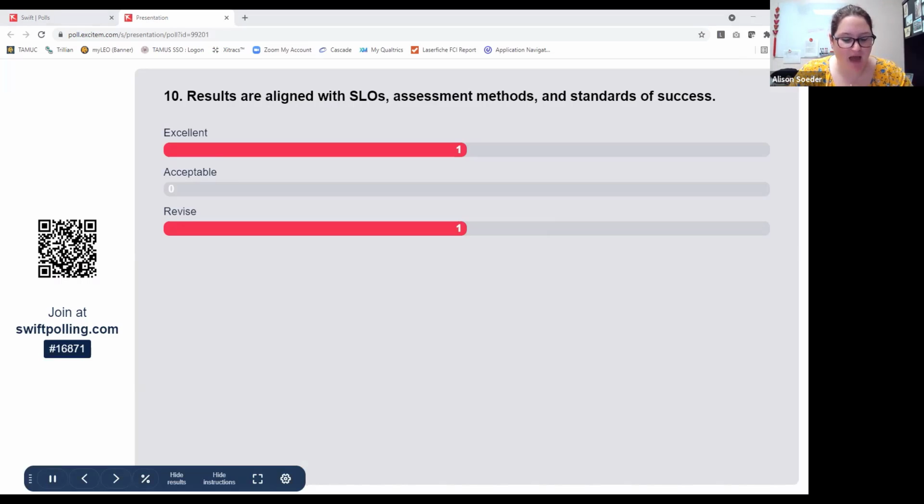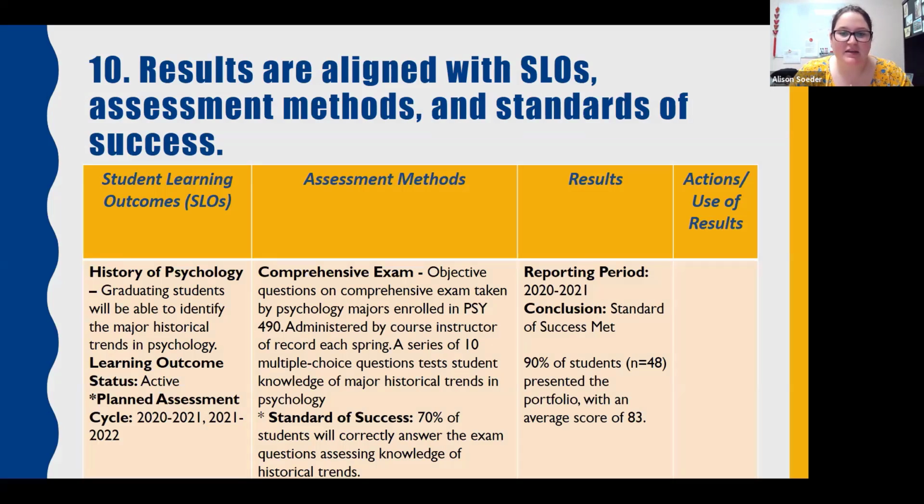Tracy, if you don't mind going back to the slide. So the one thing I want to point out is in the results discussion, we do have our N equals, we have our percent of students, but it talks about the percent of students who presented the portfolio with an average score of 83, whereas our assessment method is a comprehensive exam.